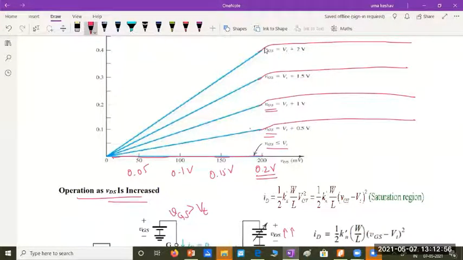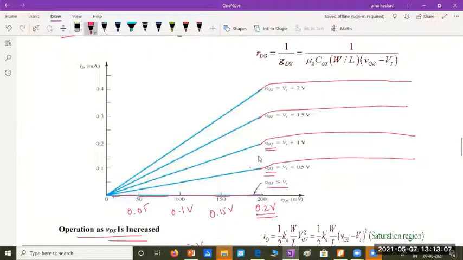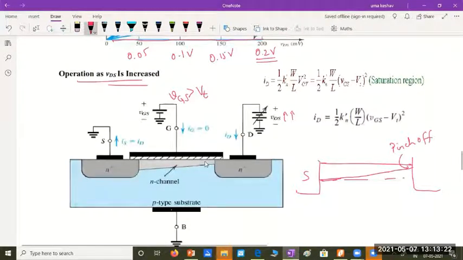Because the channel gets pinched off, the density of the carriers will be so high that it will maintain the highest value of drain current reached during the previous stage. It had reached a drain current of say 0.4 milliamps or something here. It will maintain almost that value and remain constant, and that is known as pinch off, where the drain current becomes saturated.